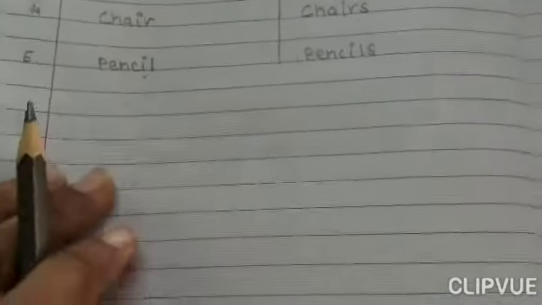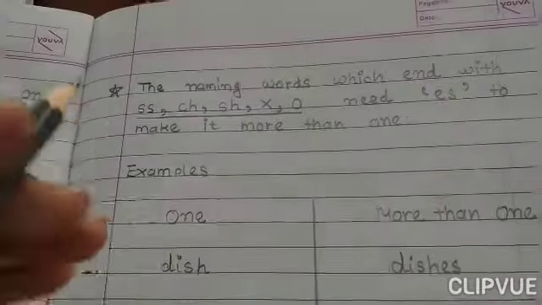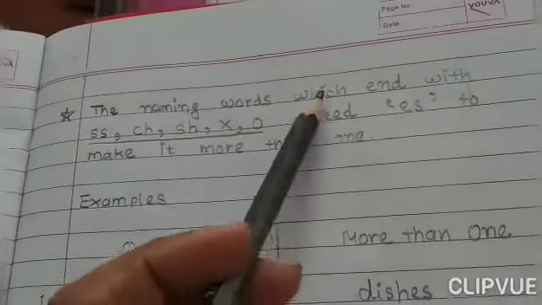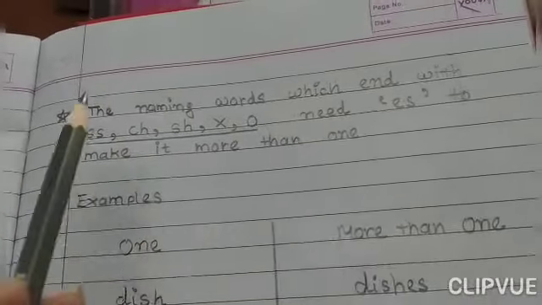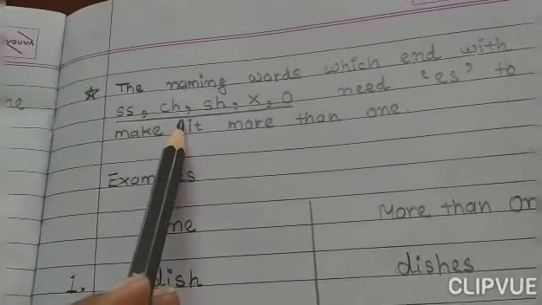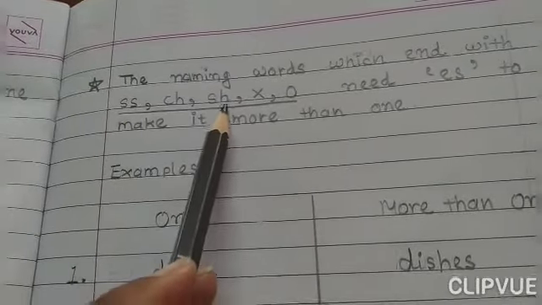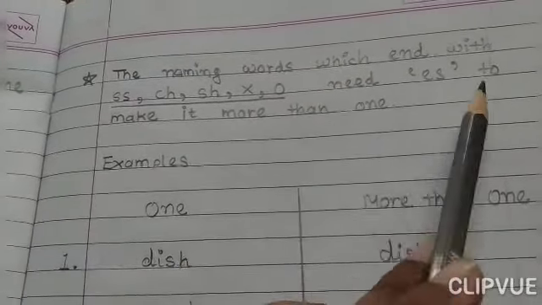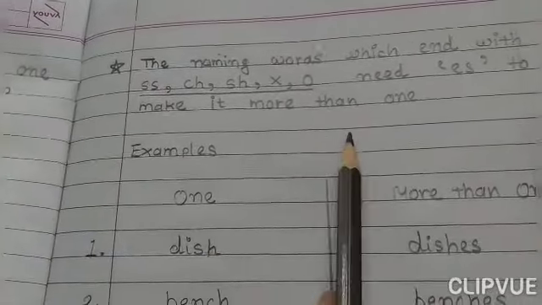Now let us see another one. The naming words which end with double S, CH, SH, X or O need ES to make them more than one.